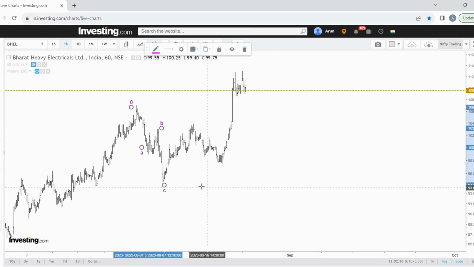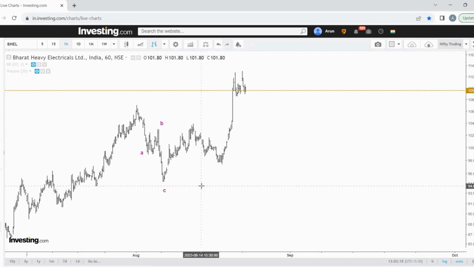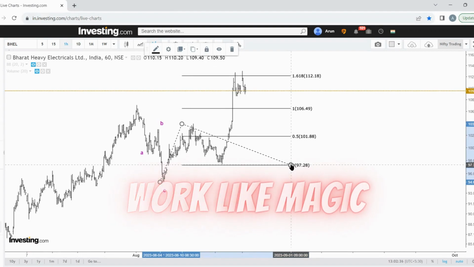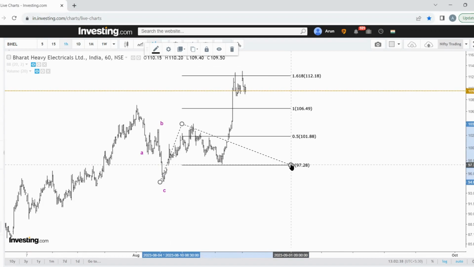These are a few things you have to keep in mind while analyzing your charts. You just check how far wave 3 has passed. See, 1.618. In most cases, waves and fibs work like magic.